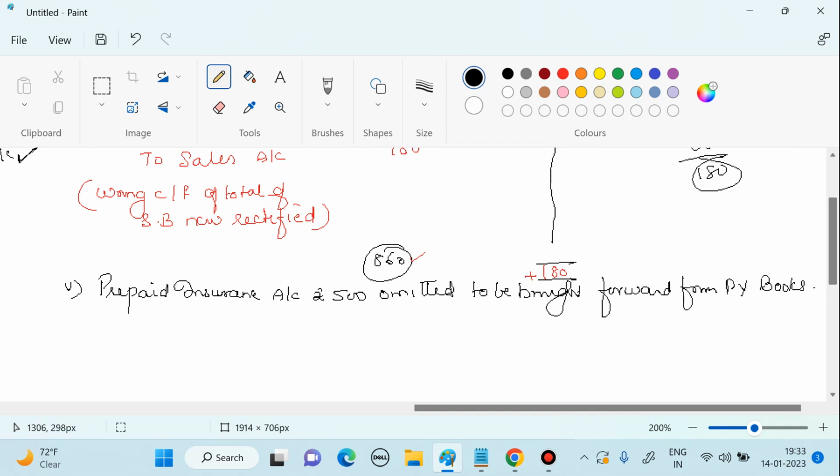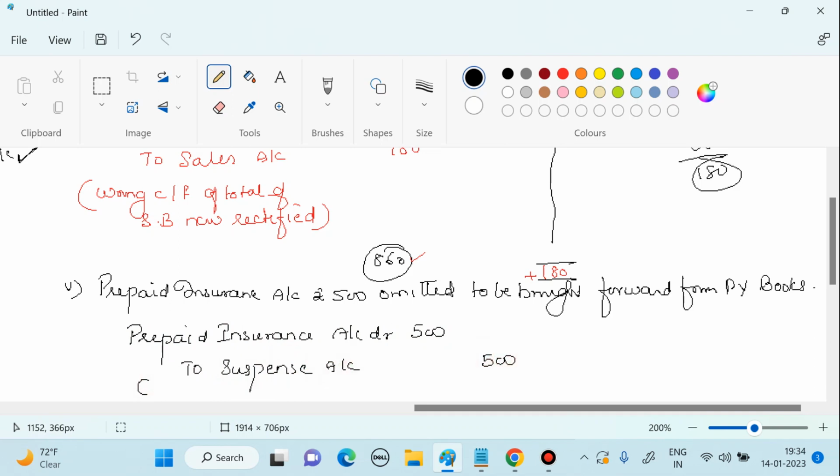It has a debit balance. In the opening entry when we pass, we debit all the assets, credit the liabilities and capital. In that opening entry, we forgot to write the prepaid insurance. So now we do it by giving a debit. Prepaid insurance account debit 500 to suspense account 500, and that's done. The error has been rectified.